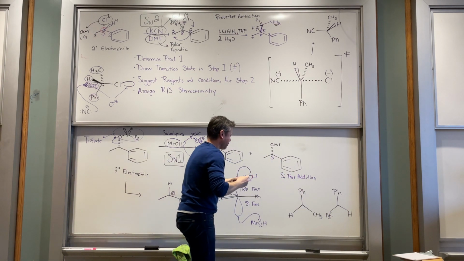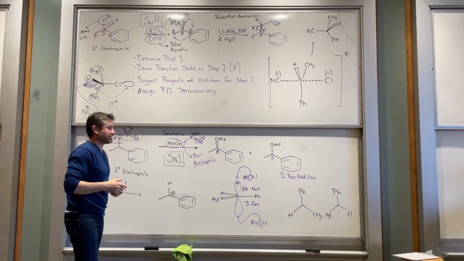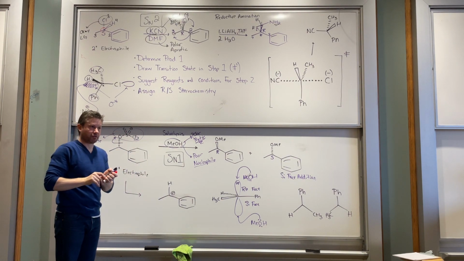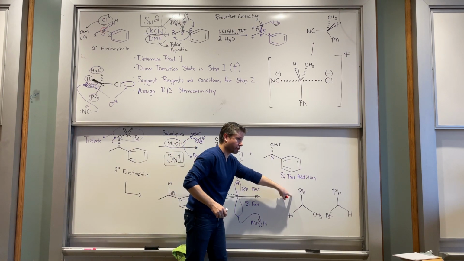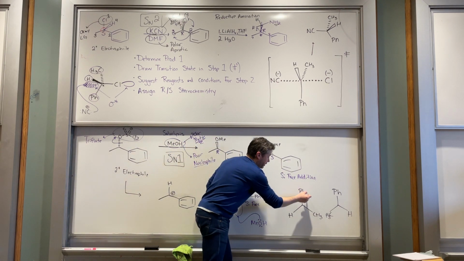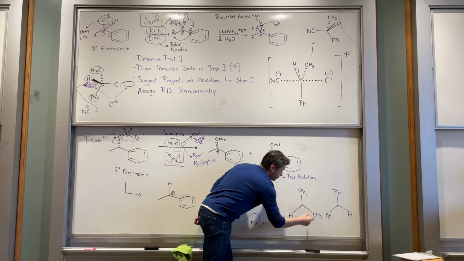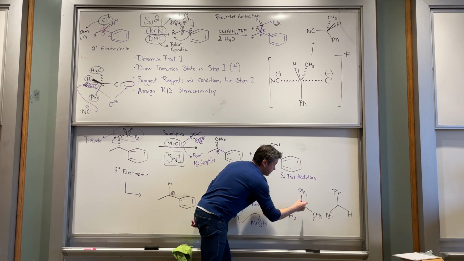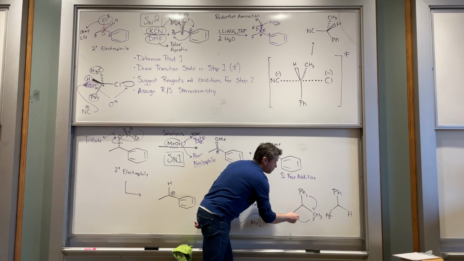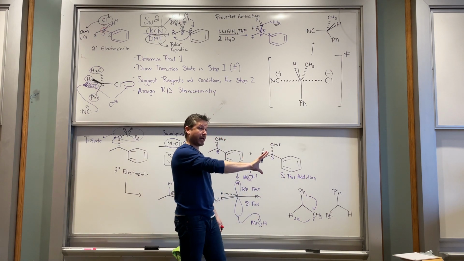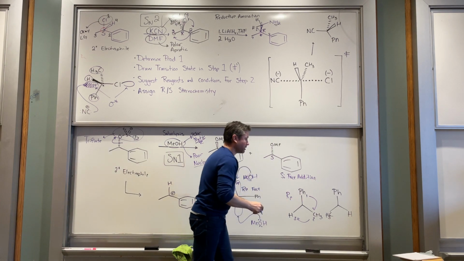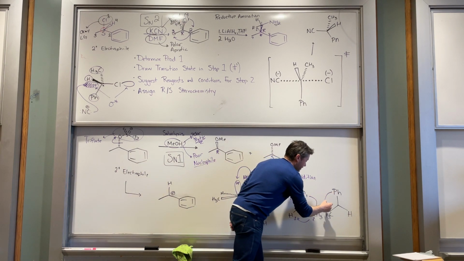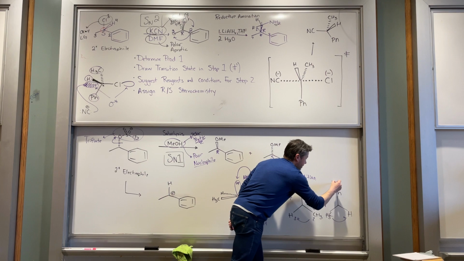Okay. So we can name re and si faces just like we name R and S. It's actually a little bit easier. All we have to do is assign priority to 3 groups. In this case, the phenyl will be 1, methyl will be 2, and the hydrogen will be 3. And if that order goes in the clockwise direction as we're looking at it, it would be the re face, and if it goes in the counterclockwise direction, it will be the si face.